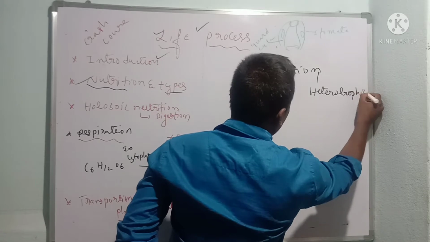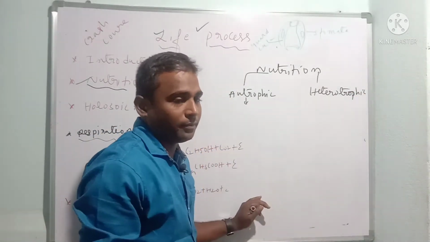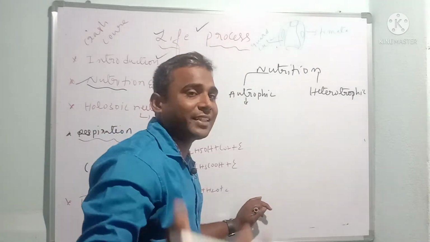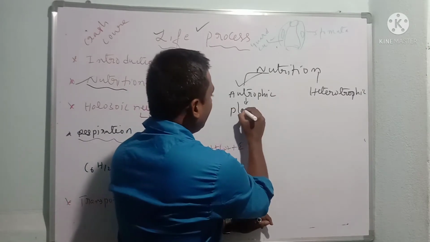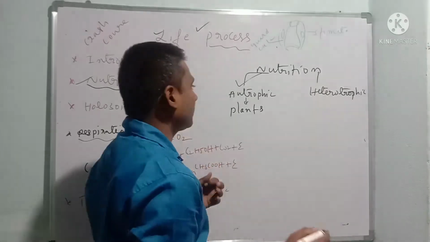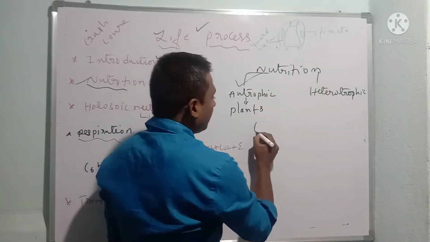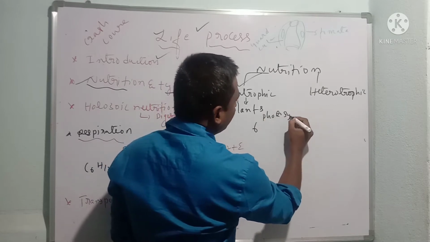So what is autotrophic? The mode of nutrition which does not depend upon other things is called autotrophic. The best example is plants. In plants, what is going to happen, children? There is a process called photosynthesis.